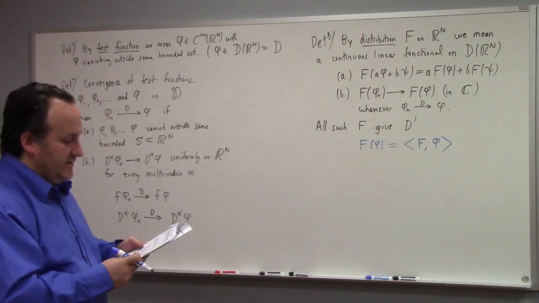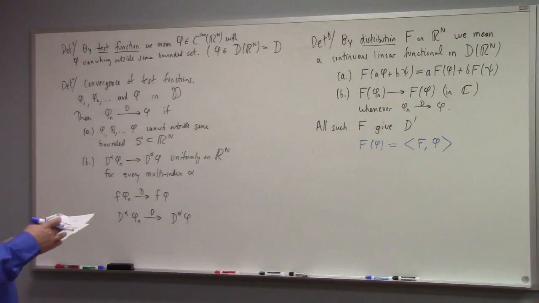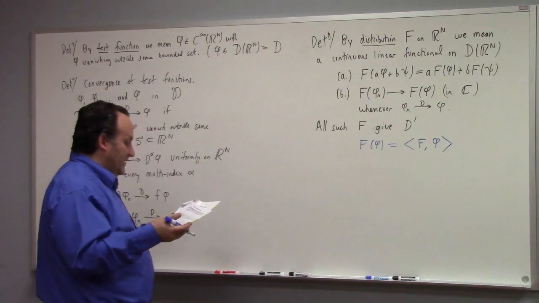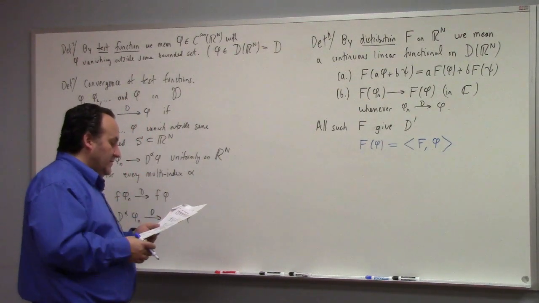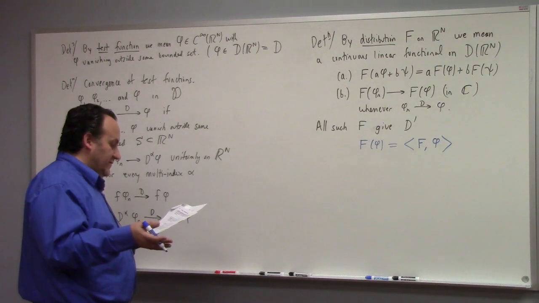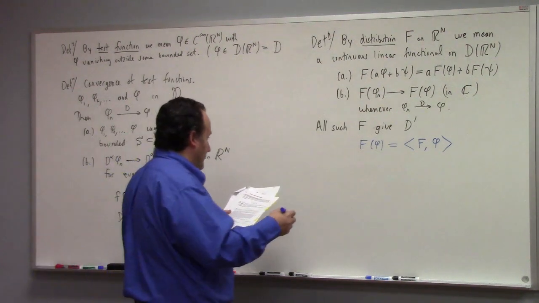Distributions generalize the concept of a function. Formally, a function on Rn is not a distribution because its domain is not D. However, every locally integrable function f on Rn can be identified with a distribution in the following way.